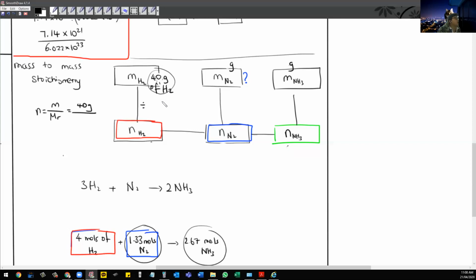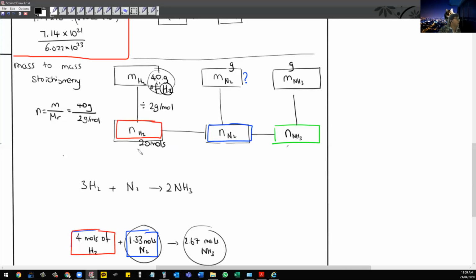In this case, you have to divide by 2, because we're not talking about how many hydrogen atoms there are. We're talking about how many hydrogen molecules there are. So that's 2 grams per mole. So what you're going to get is 20 moles. Make sense?